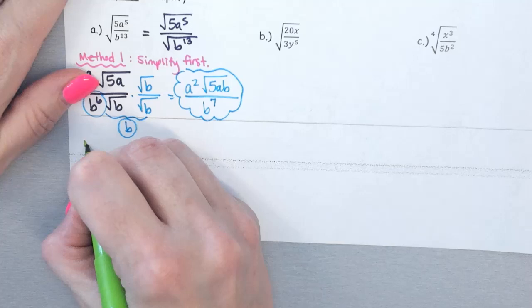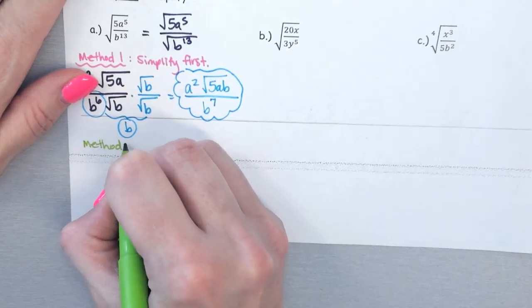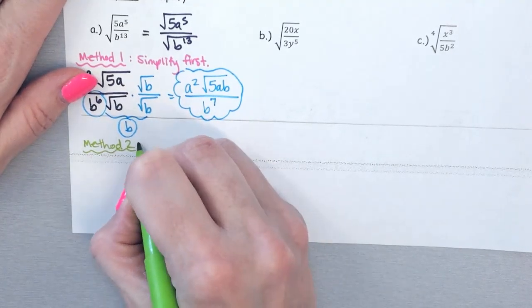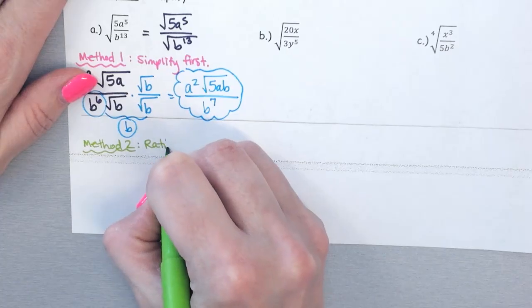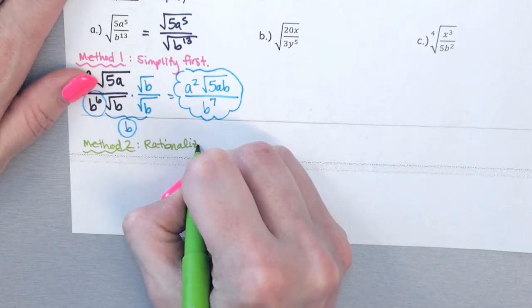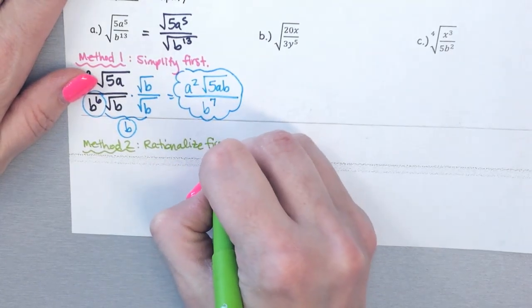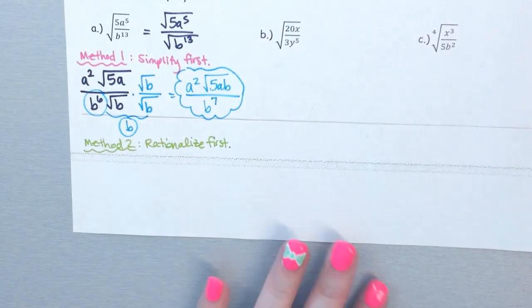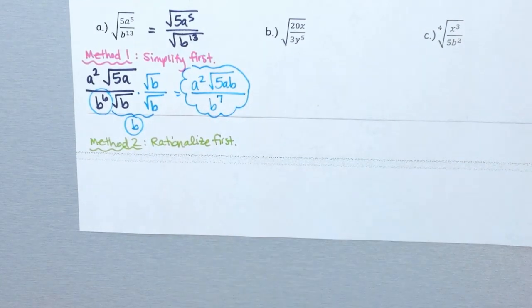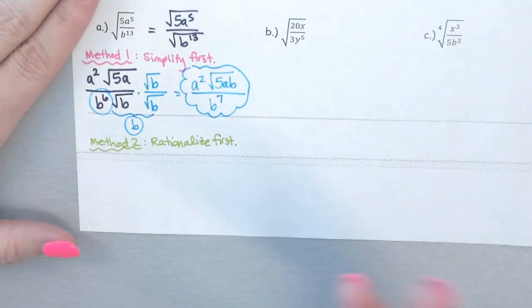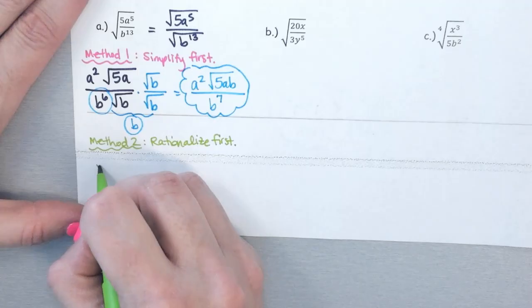So in method 2, you're going to rationalize first. If you rationalize first, I wouldn't necessarily multiply by the square root of b to the 13 over b to the 13. You can. You will have to simplify at the end, but you can do that.